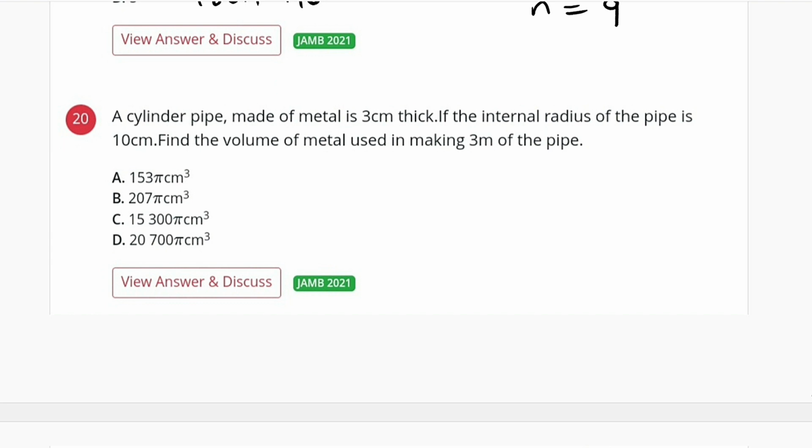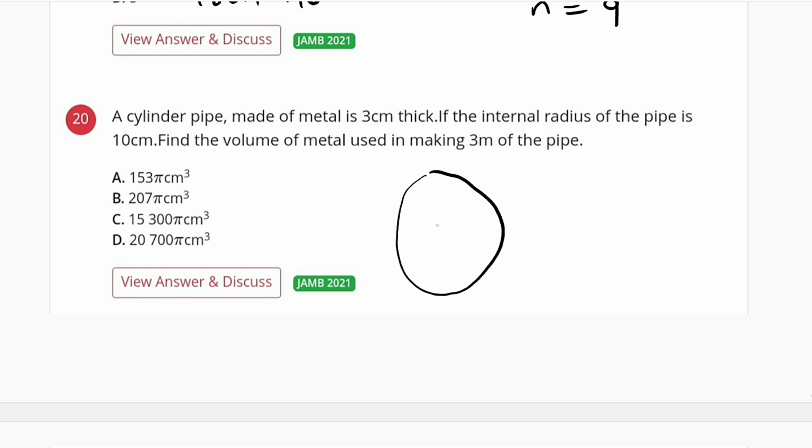Number 20. This is the halfway because we have 40 questions. A cylinder pipe made of metal is 3 centimeters thick. If the internal radius of the pipe is 10 centimeters, we are asked to find the volume of the metal used in making 3 meters of the pipe. Okay, let me make a kind of rough sketch here.